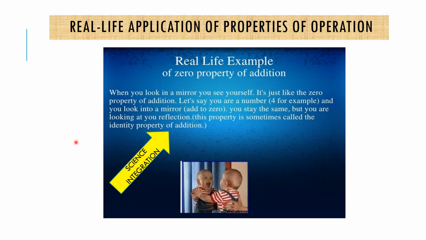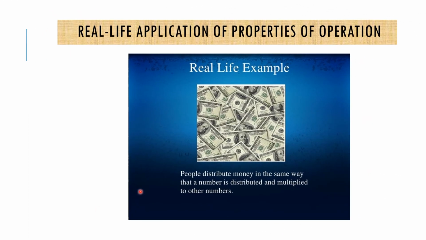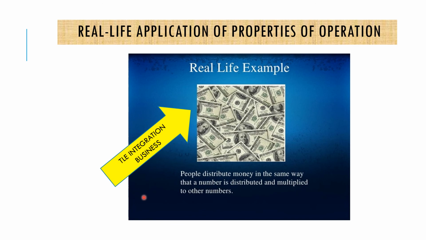This property is sometimes called the identity property of addition. People distribute money in the same way that a number is distributed and multiplied to other numbers.